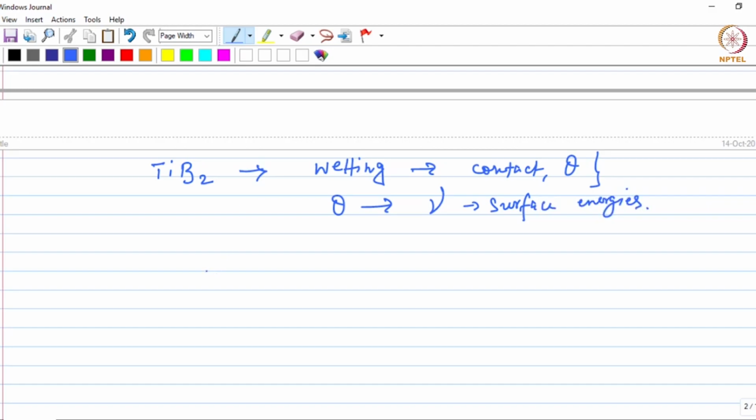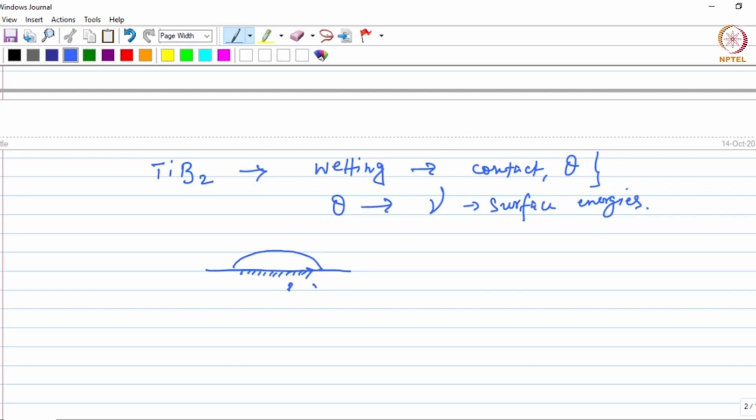So if you consider the heterogeneous nucleation, we can go back to this diagram once again. So this is the particle surface on which the solid aluminium is forming. Okay, so we can call that surface P. P stands for the particle.